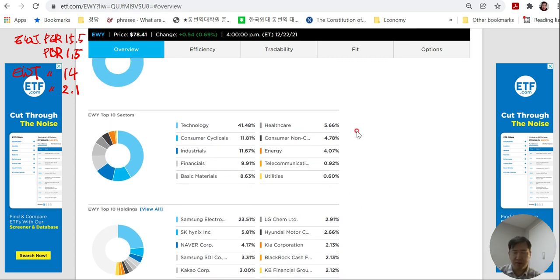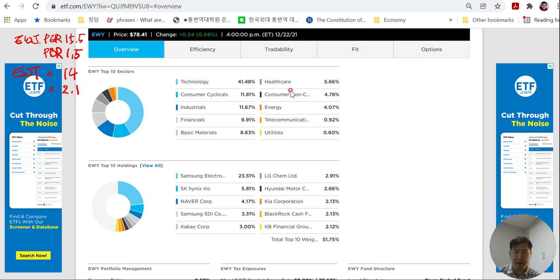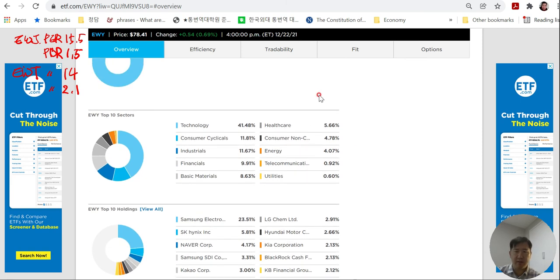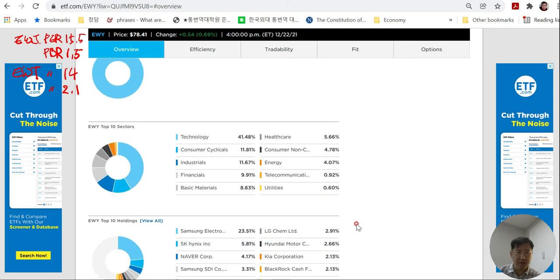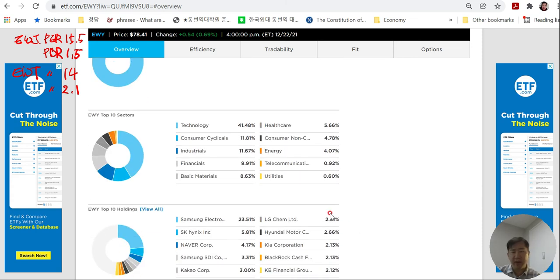They're pretty strong in healthcare also. They have Samsung Biologics and Celltrion, which are doing biosimilars, right? And CMO. Technology: we can consider these two semiconductor companies, and then Naver and Kakao, they're also platform companies, right? And then we have the battery companies also. And then these are motor companies. So it's pretty diverse.